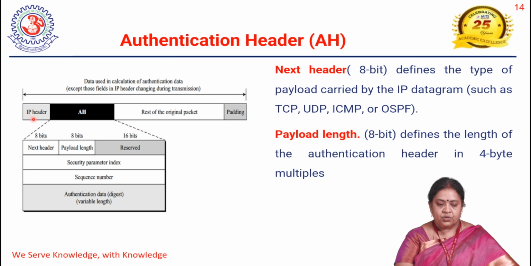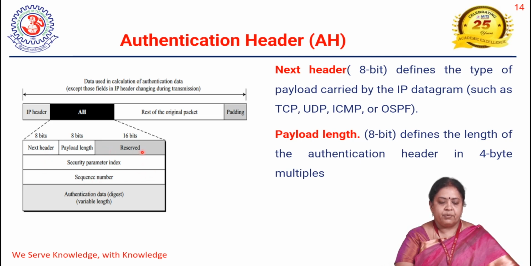Whatever the value is in that field will be transferred to the AH next header. Here we are going to give the value as 51, but that value will be transferred to the field called next header. Then it also contains a payload length, which is the length of the authentication header only.